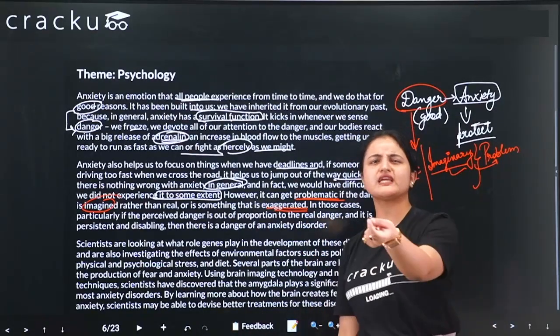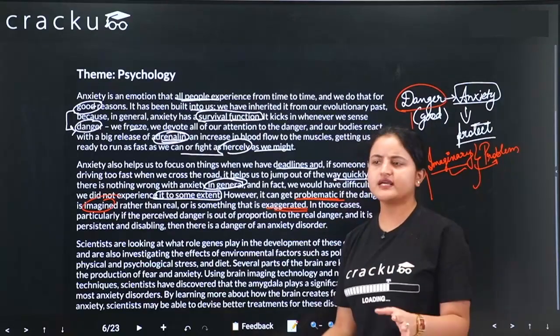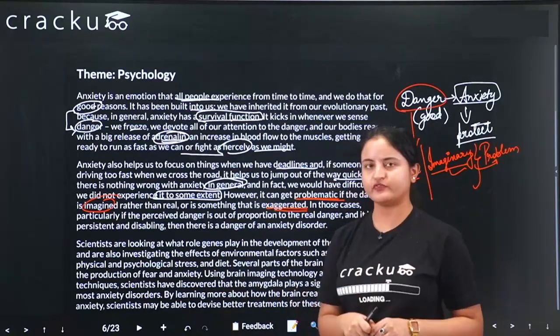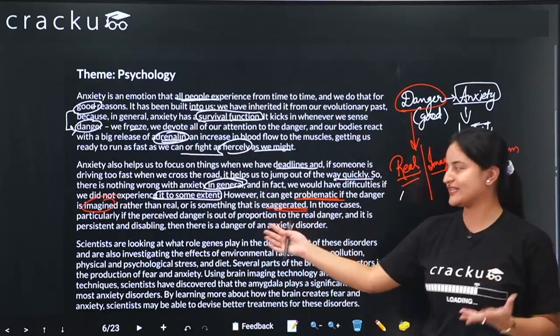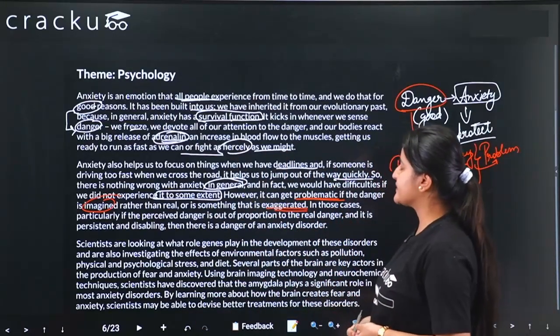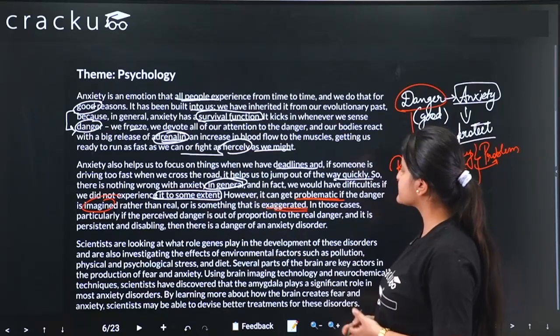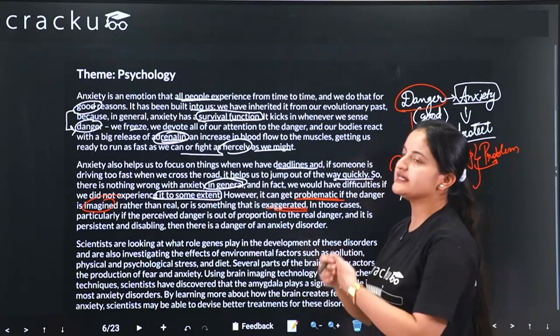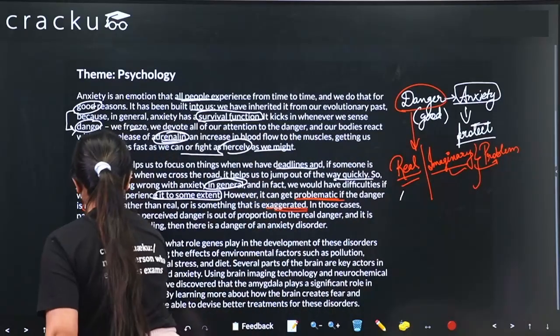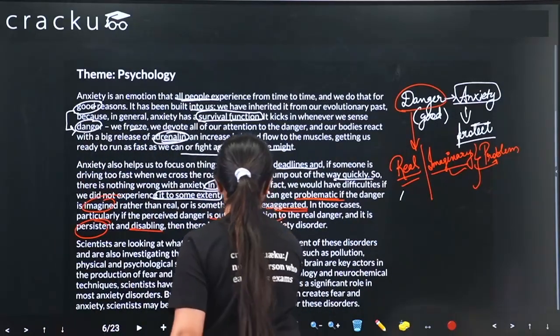Maybe the danger is very little danger. The danger is maybe just touching a hot cup of tea, but it is exaggerated into, oh my god, I will burn. So in those cases, particularly if the perceived danger is out of proportion to the real danger and it is persistent and disabling. Persistent, disabling, and out of proportion.